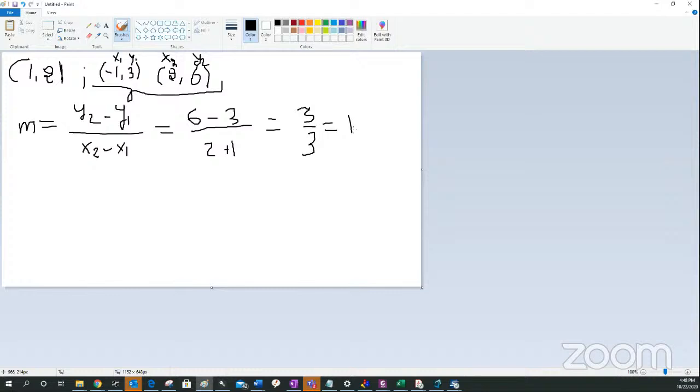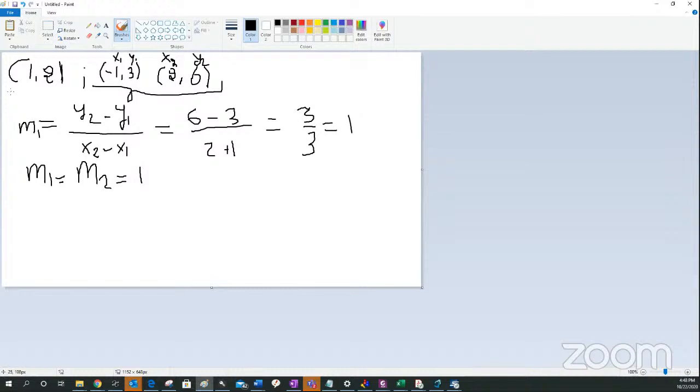And if we remember the definition of the slope, it is the definition of the equation of the line. So m1 is equal to m2, which is also equal to 1. Now we got that.